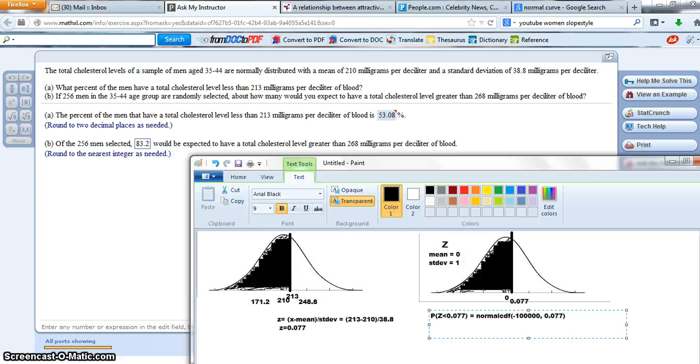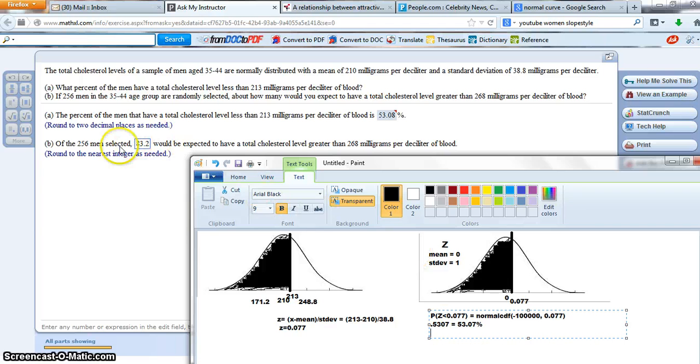It gives me 0.5307, which is equal to about 53.07%. You can see that here we had 53.08 was the answer that they gave, so a little rounding.